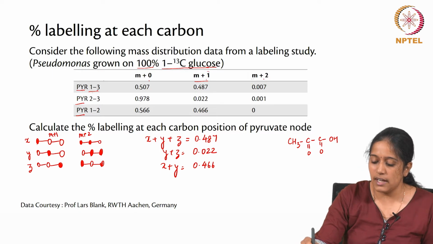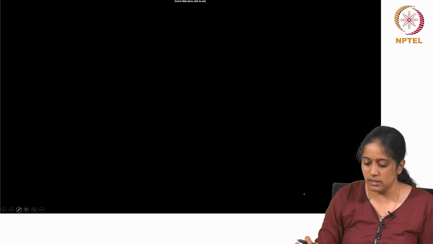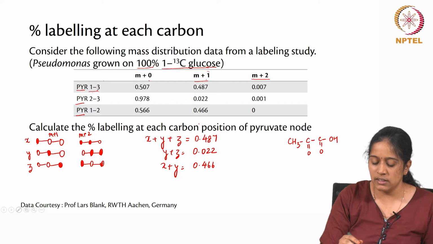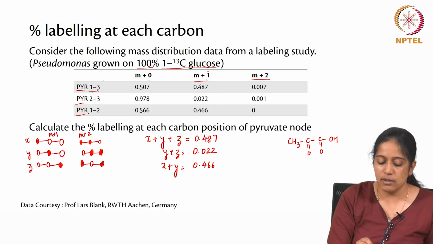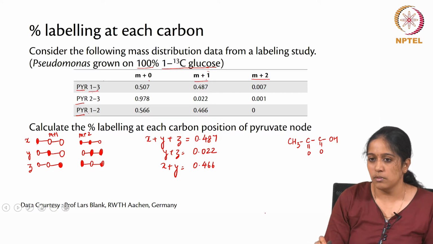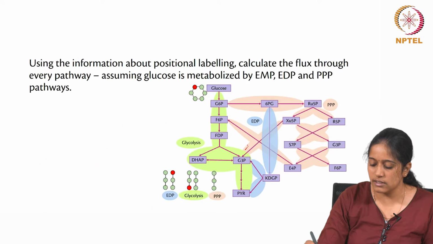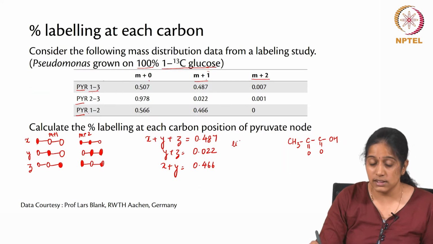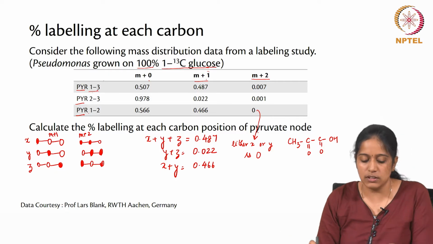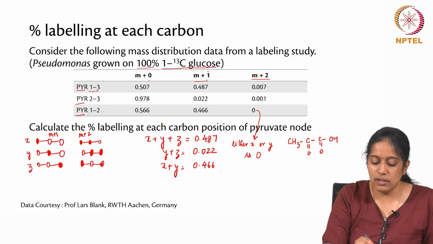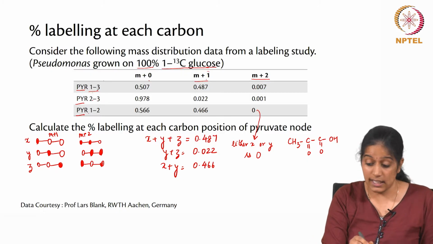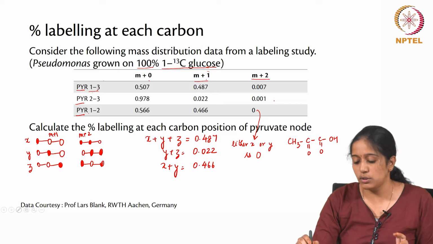Now if you look at M+2, it means you have 2 positions labeled. If you look at 1,2, it is 0, which means that either X or Y is 0, because the first is X and the second is Y. If you look at 2 and 3, the second and third position, again you have a value very close to 0.